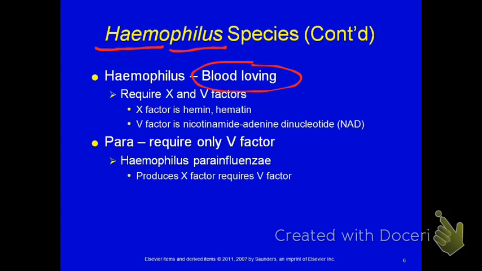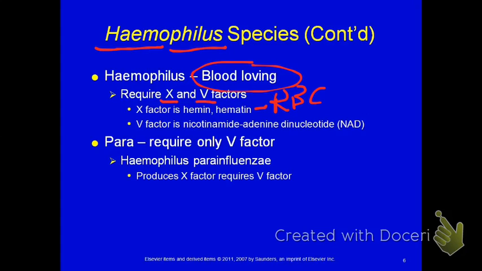Why? Because it's actually one of the few genera that would require two important factors. They require X and V factors for growth. So, X factor, it's not the contest X factor as you know it, okay? So, X factor is hemine or hematine. So, this is found in blood or in RBC.